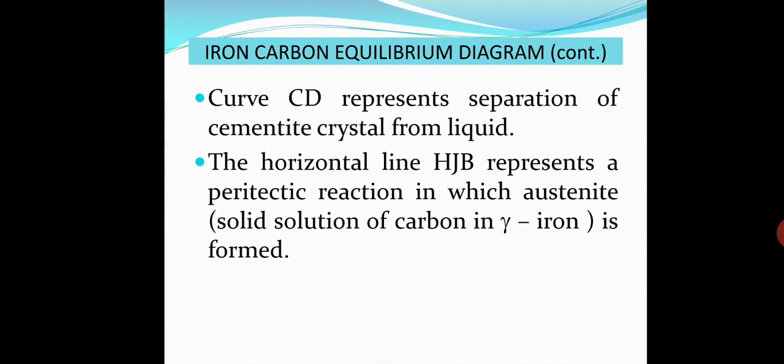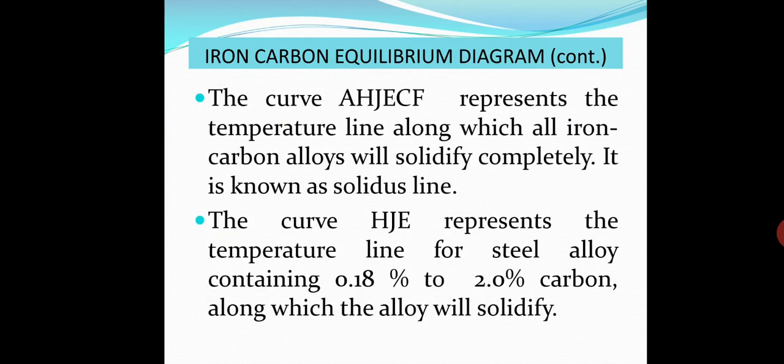The horizontal line HJB represents a peritectic reaction in which austenite is formed, and the curve AHJECF represents the temperature line or the solidus line where solidification completes.